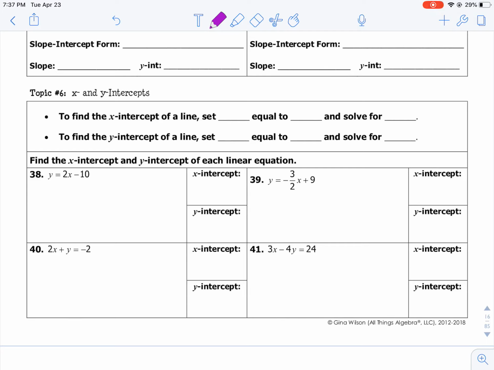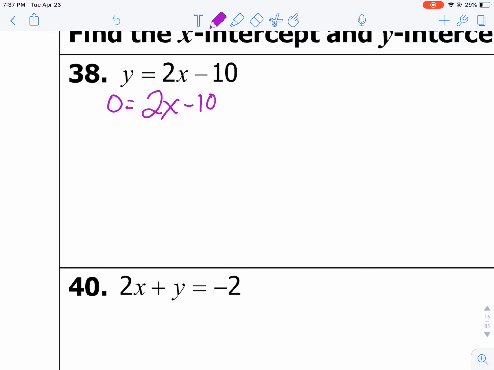When we are solving for intercepts, when I solve for the x-intercept, I set the y equal to 0, and I solve for x. So I could say 0 is equal to 2x minus 10. I'm just taking that y and replacing it with 0.